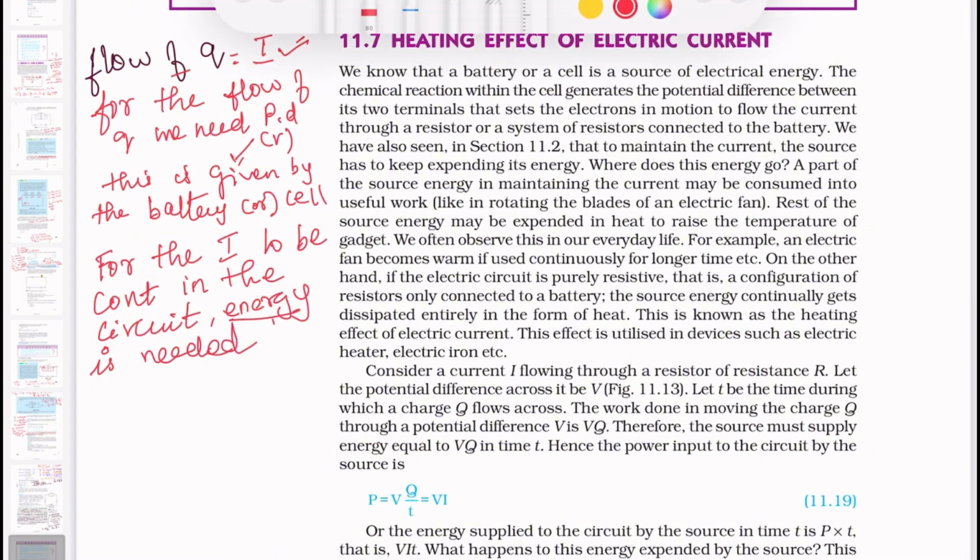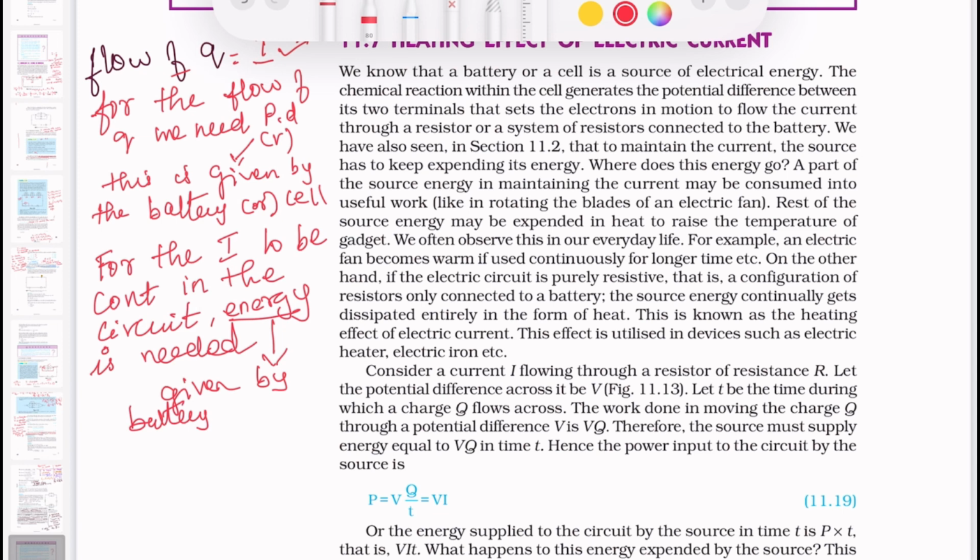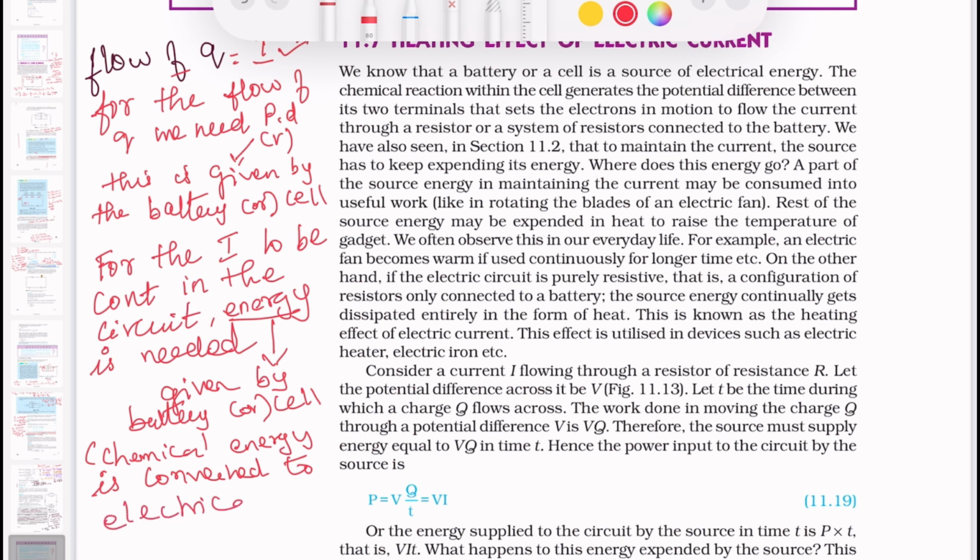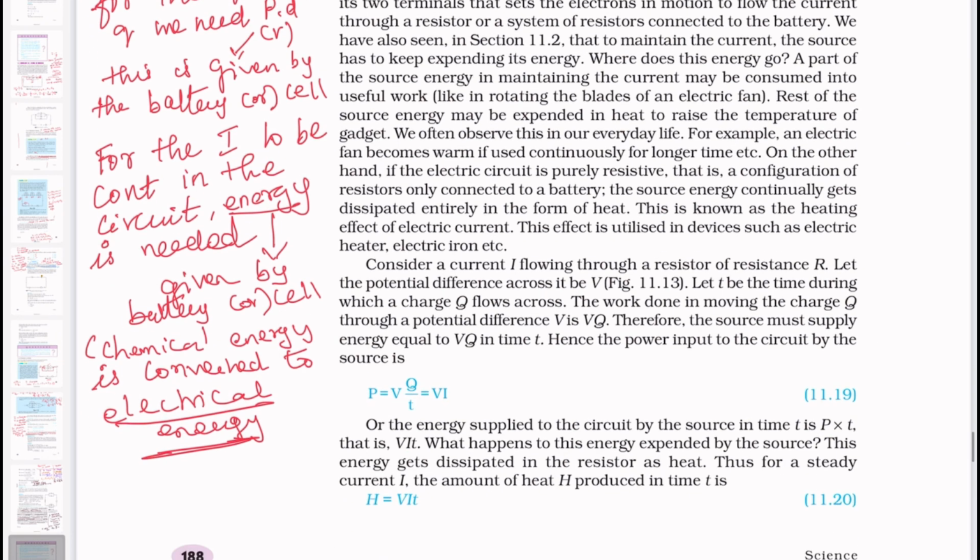This energy again is given by the battery or cell. How? Inside the battery, we know the chemical energy is converted to electrical energy because of the chemical reaction. So using this energy, there is continuous flow of current in the circuit.